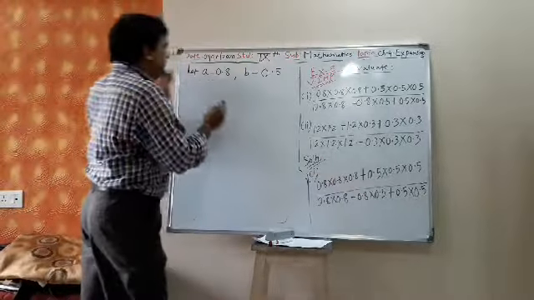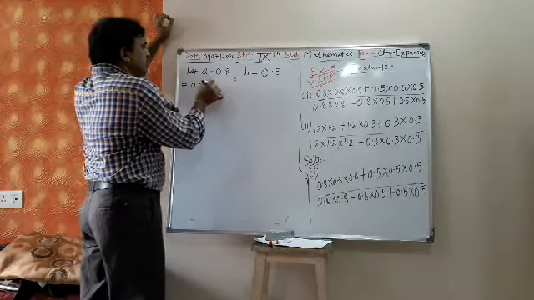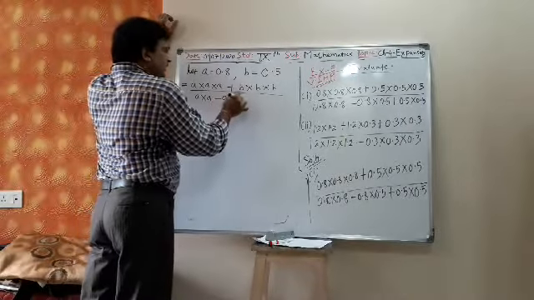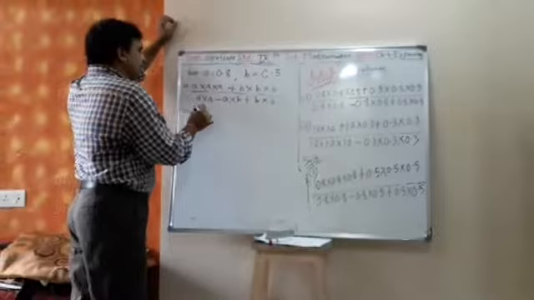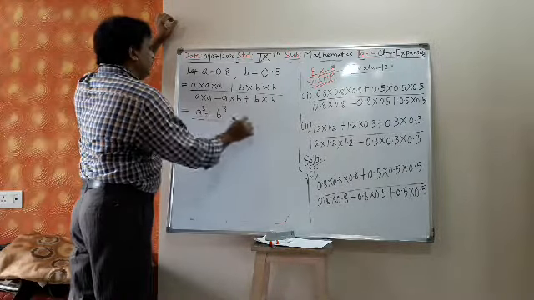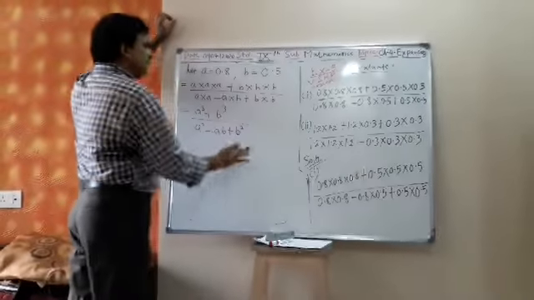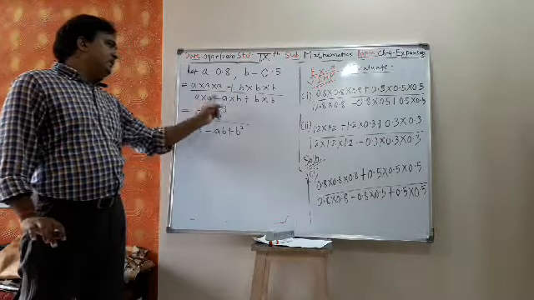So this becomes A into A into A plus B into B into B upon A into A minus A into B plus B into B. Is it clear? So we get A cube plus B cube upon A square minus AB plus B square. We get this type.